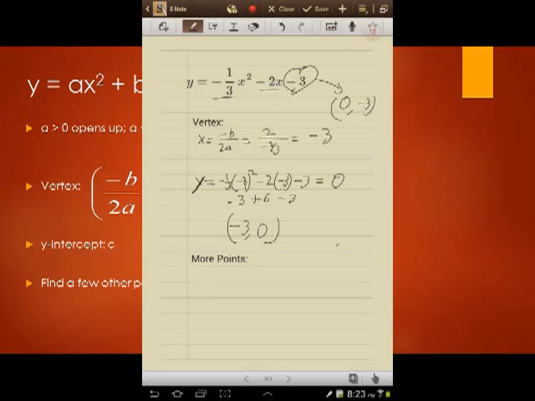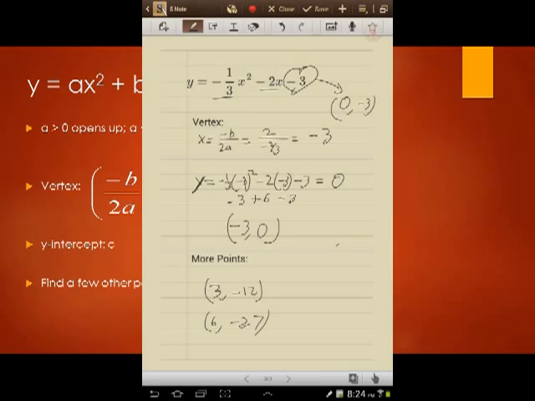As a hint, because of the fraction, negative 3 comma 0 is the vertex. I'm going to plug in 0. Then I'm going to plug in 3. Then I'm going to plug in 6. Multiples of 3, just to avoid fractions. Negative 3, 0, 0, negative 3.